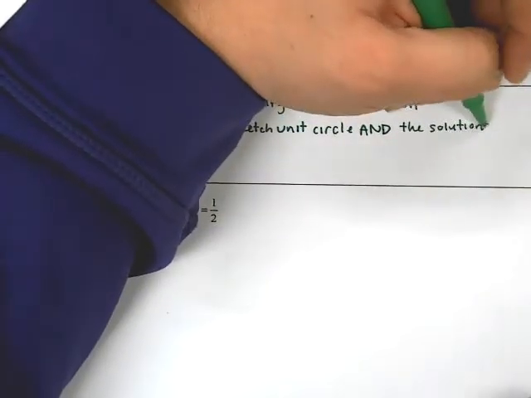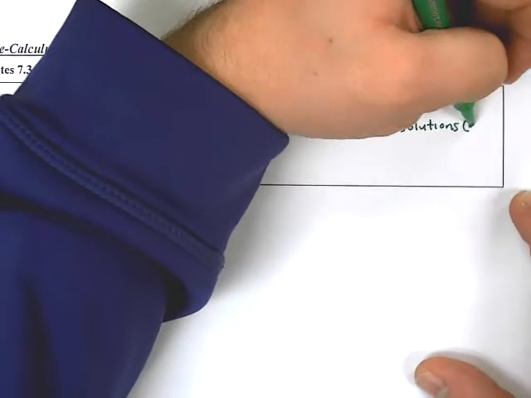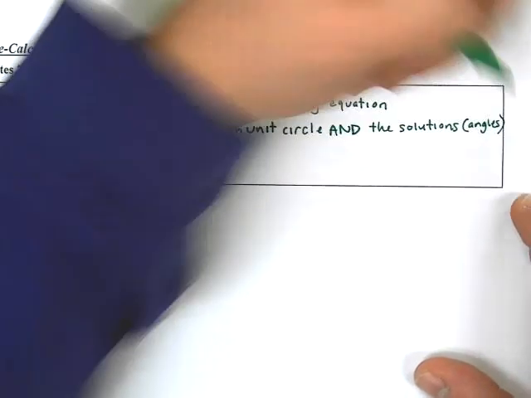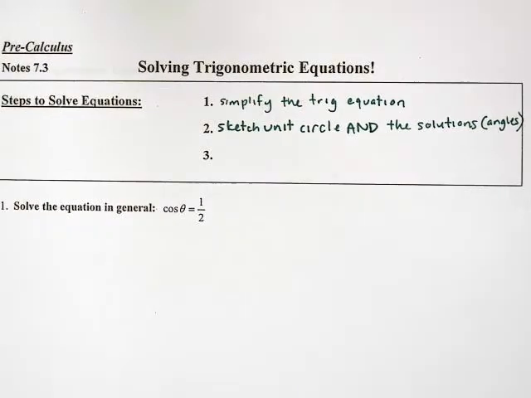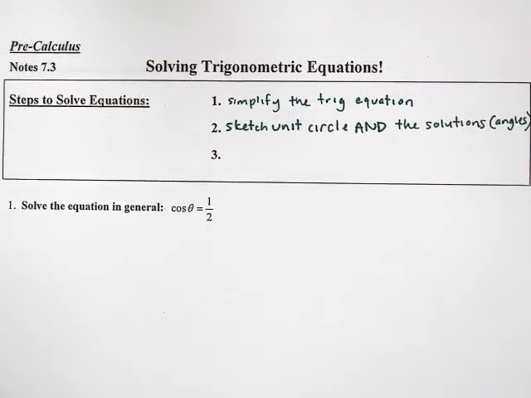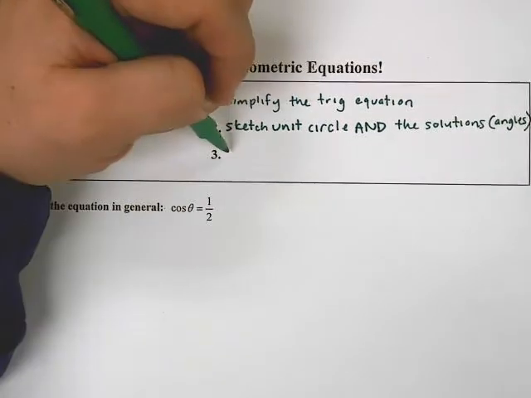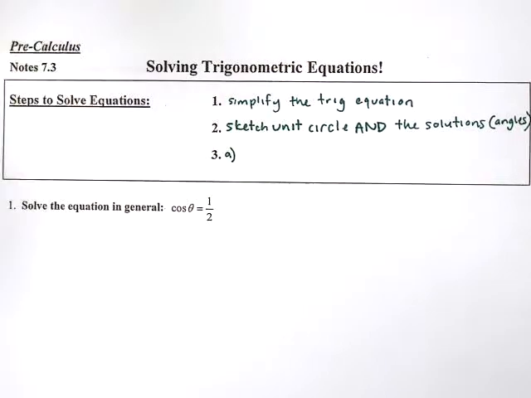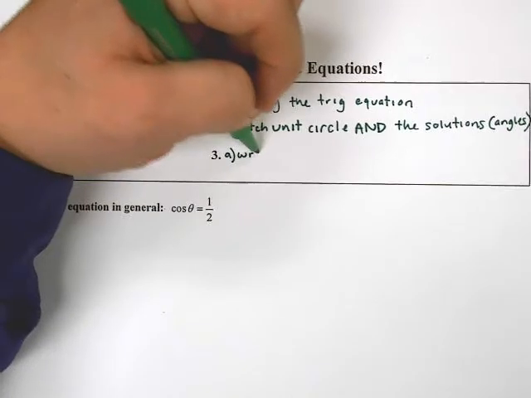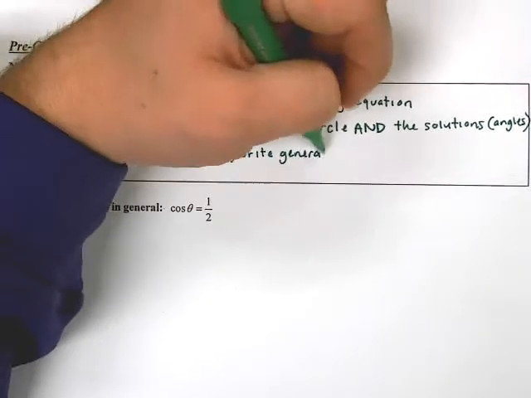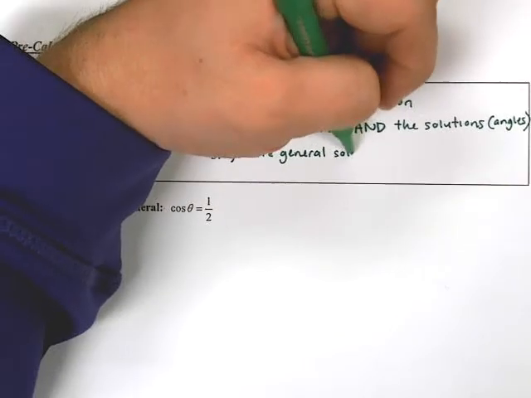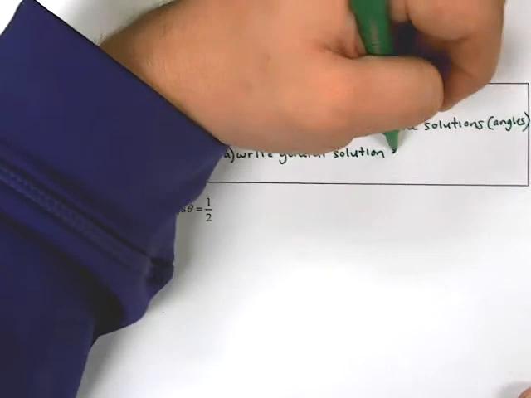Now the solutions, please remember, are going to be angles. So you sketch your unit circle and then place the solutions correctly based on your trig equation. Lastly, we have two options. 3a would be to write general equations, or general solution equations.